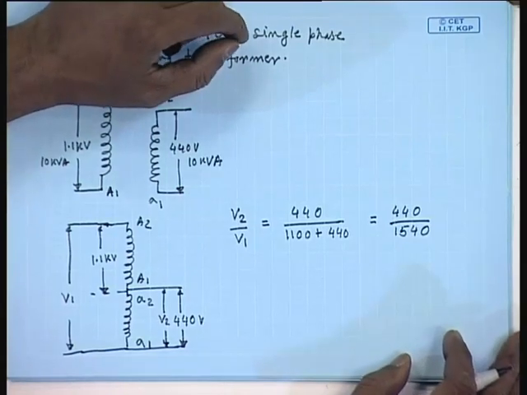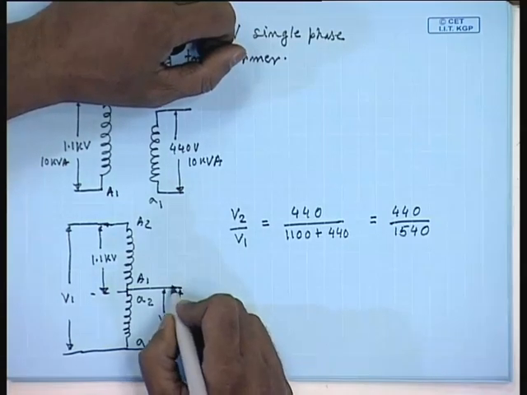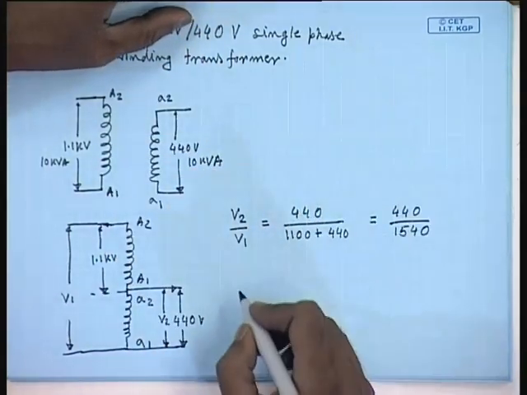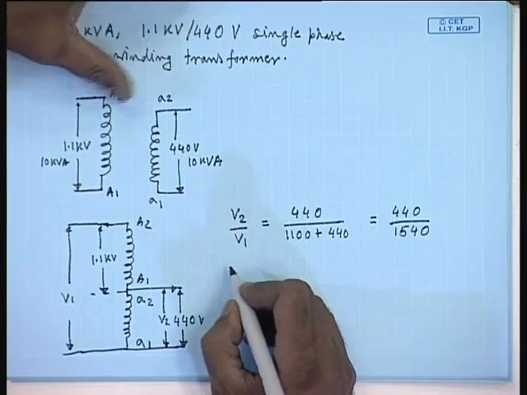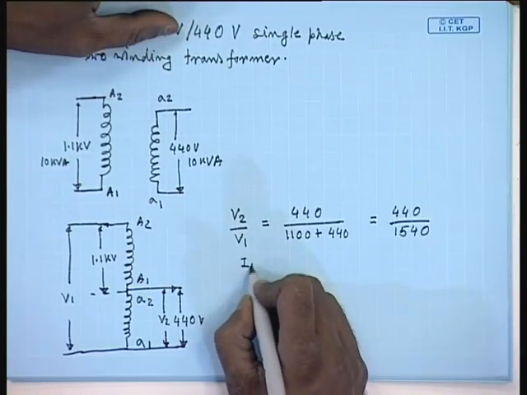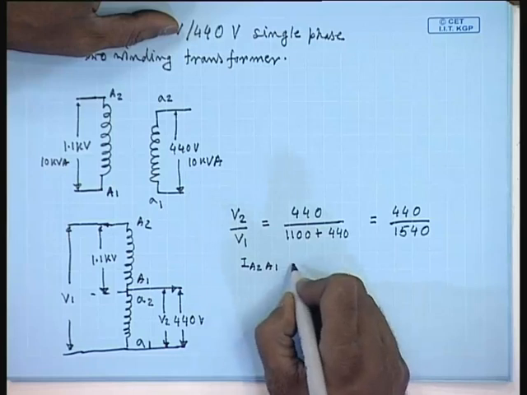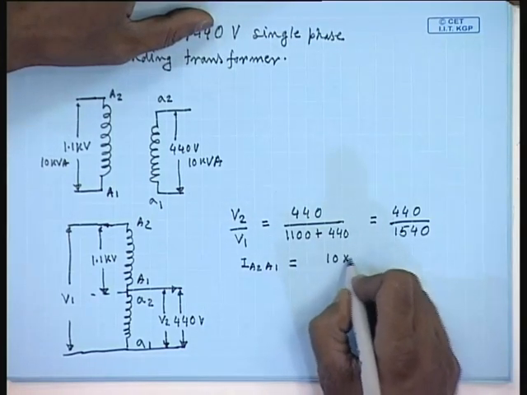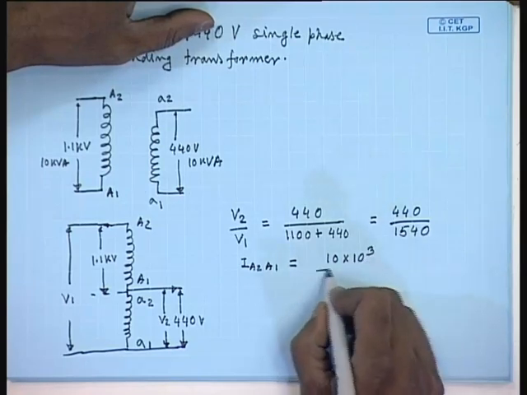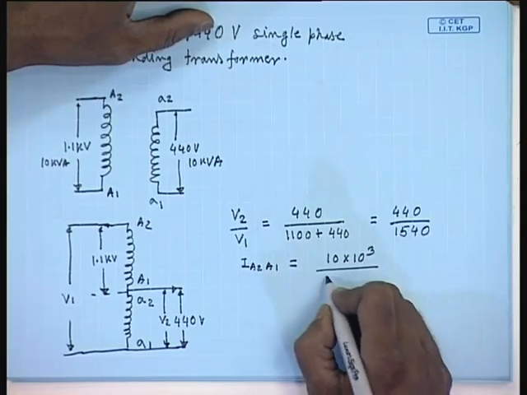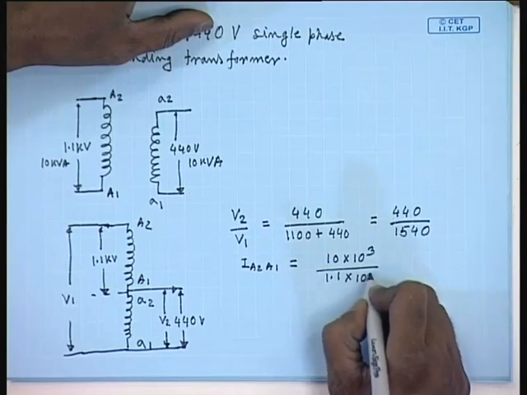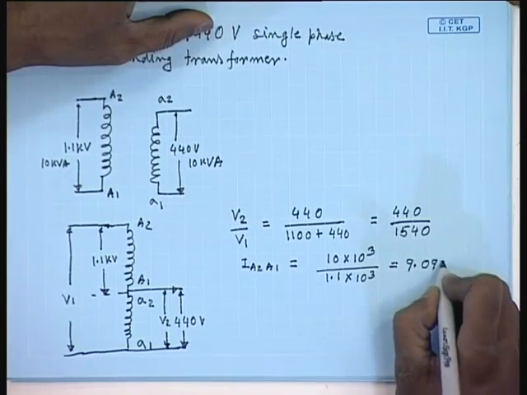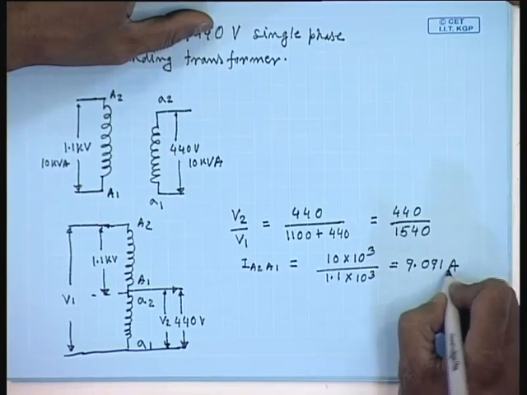What will be the current carrying capacity? The current carrying capacity of the section A2 A1 is I A2 A1 equal to 10 kVA, 10 into 10 to the power 3 divided by 1.1 kV. This comes to 9.091 amperes.